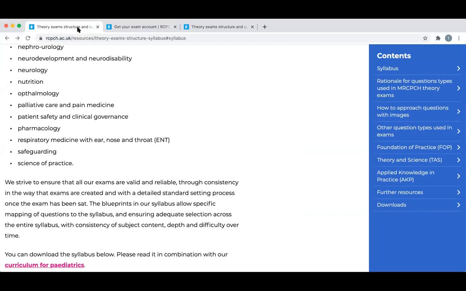You cannot get GMC registration by DCH. So it will not help for registration or a job, but definitely you can do DCH and use it as a degree, because a diploma is also a medical qualification. Also it will highlight in your CV that you are interested in pediatrics.